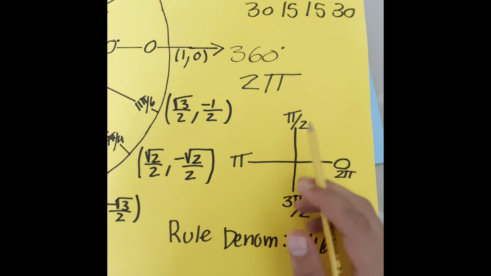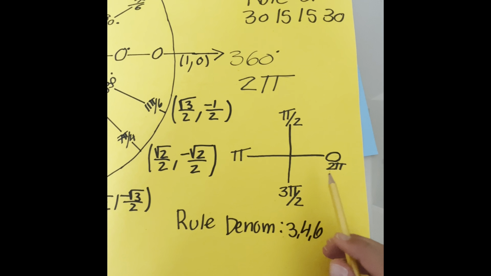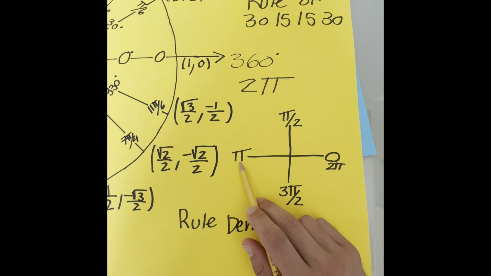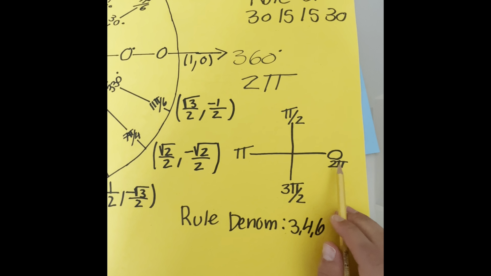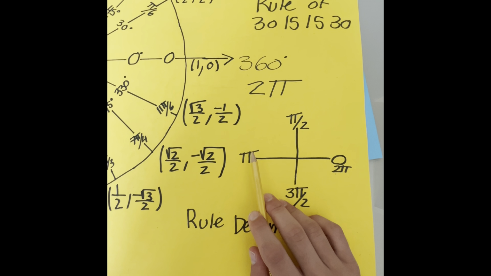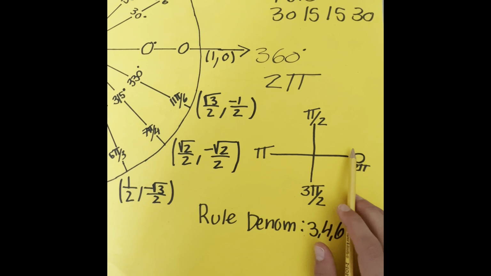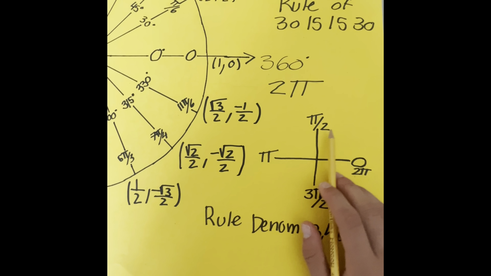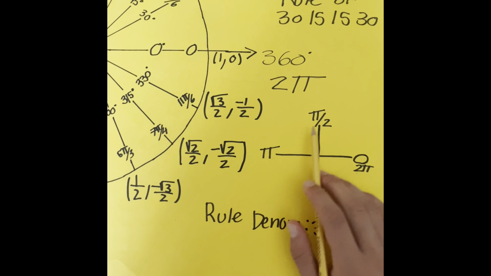So we know that in the unit circle, it starts at 0 and it ends at 2 pi. So we know that here it would be half of 2 pi. So what's half of 2 pi? Well, pi. And we would know that here it would be half of pi. It would have to be a value in between 0 and pi that's half of pi.